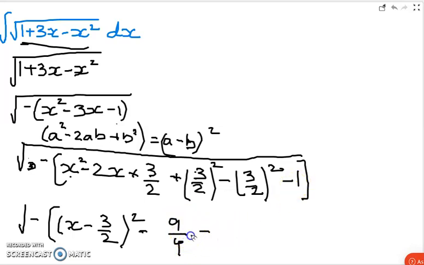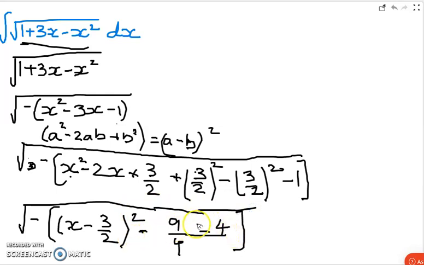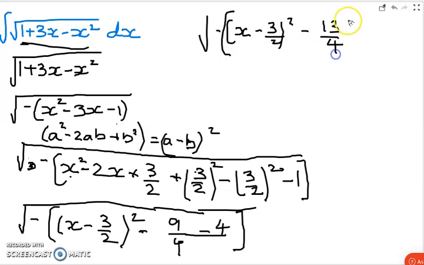Just take the LCM, which is 4: minus 9 minus 4 by 4, so the value will be 13. I am writing it up: x minus 3 by 2 whole square minus 13 by 4.